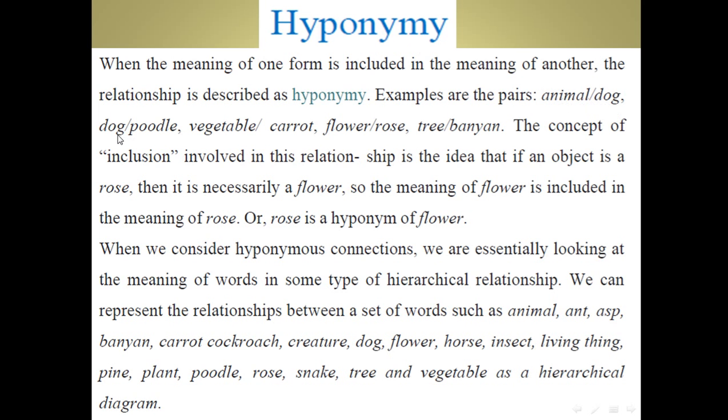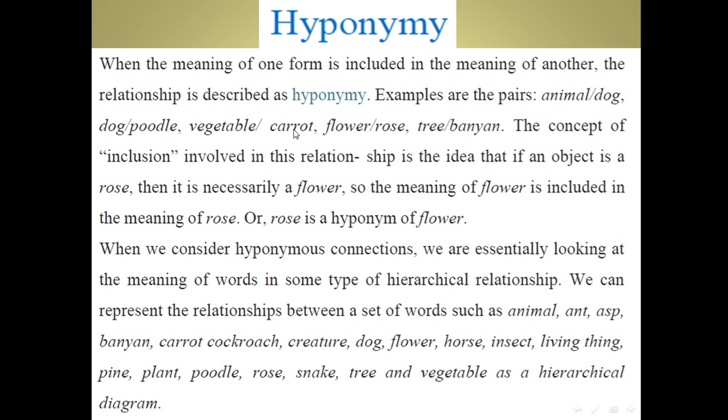What else? Dog and poodle. Poodle is included inside the word dog. Vegetable and carrot. Carrot is a kind of vegetable. Or we say here, dog is a kind of animal.